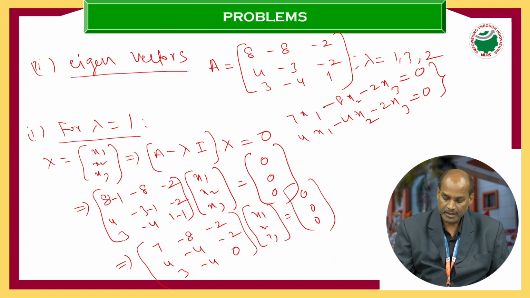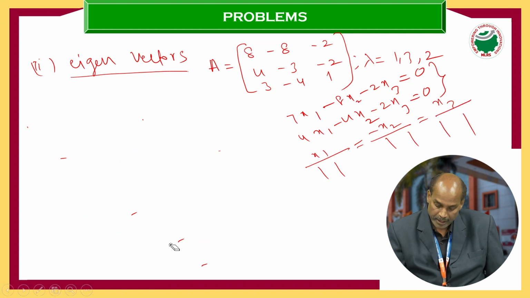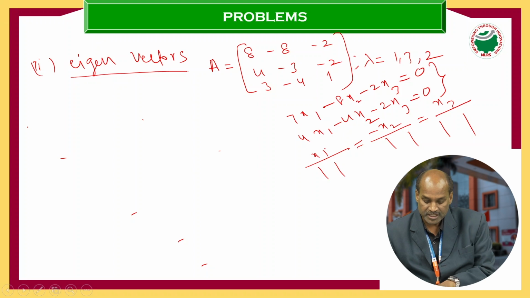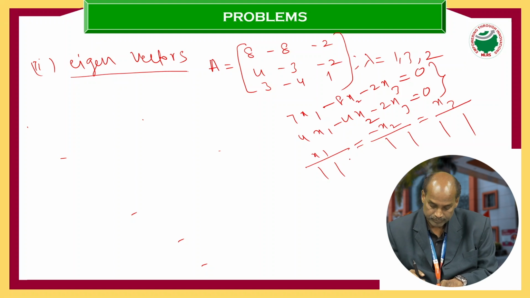What is the solution for these two? x1 by determinant equals minus x2 by determinant equals x3 by determinant. For x1, just remove the x1 column and write the determinant of the remaining: minus 8, minus 2, and minus 4, minus 2.